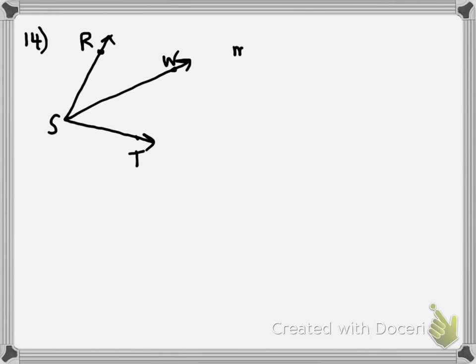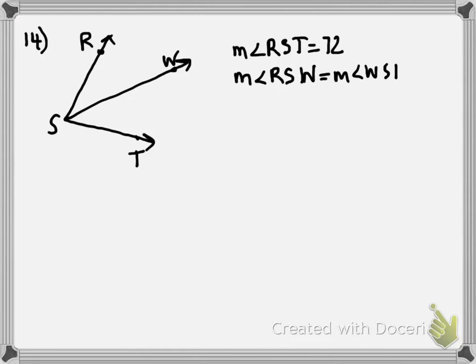So we are told that the measure of angle RST equals 72, and since SW is a bisecting ray, that tells us that the measure of angle RSW would be equal to the measure of angle WST, and both of them would be equal to half the measure of angle RST.